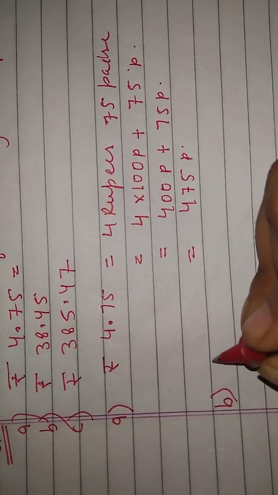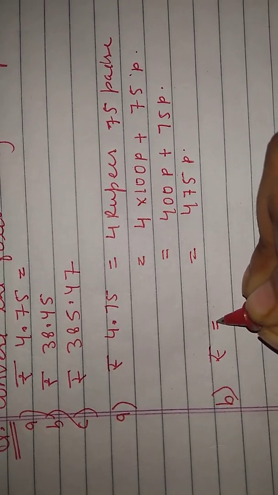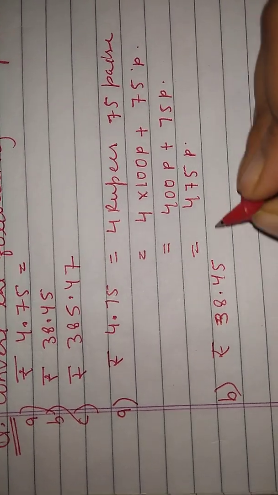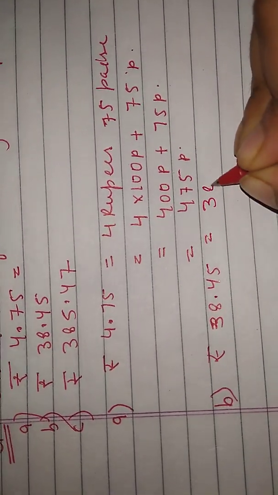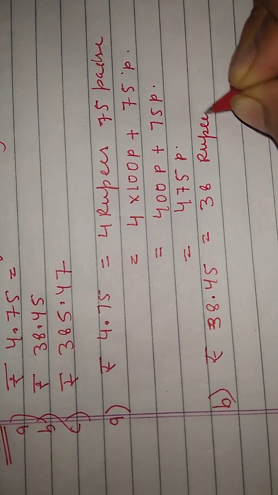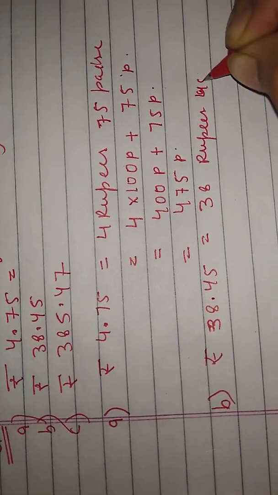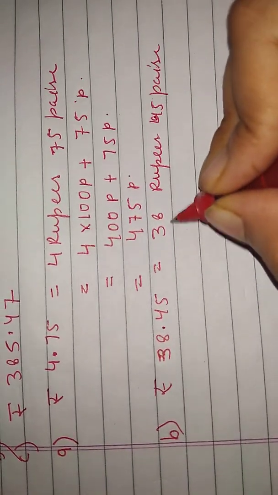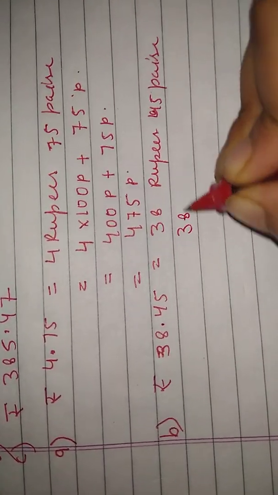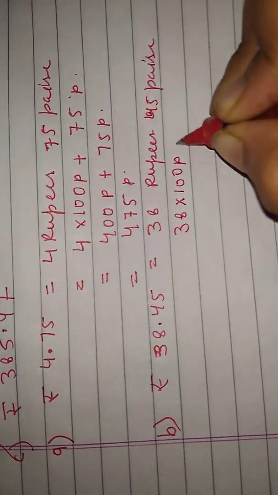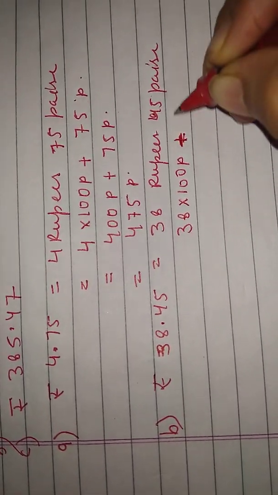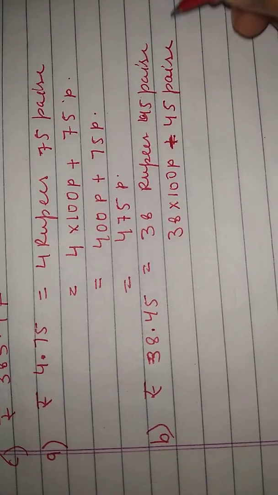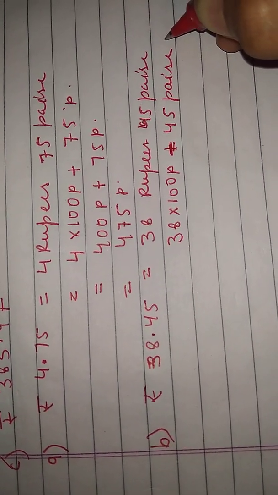Now look B part. In B part we have rupees 38 and 45 paise. So I will write it 38 rupees and 45 paise. Now I will multiply rupees with the 100, so I will multiply it with 100 paise plus this 45 paise will be added to it, or we can write it P only.